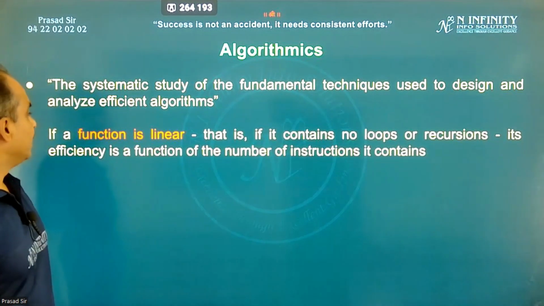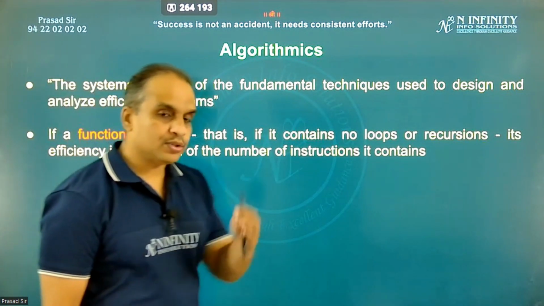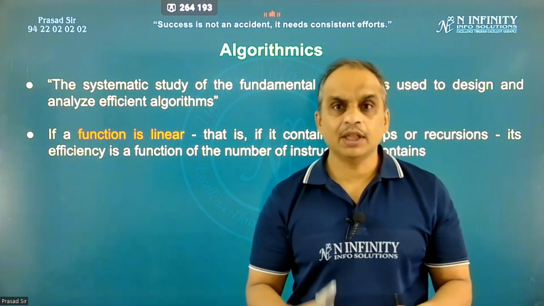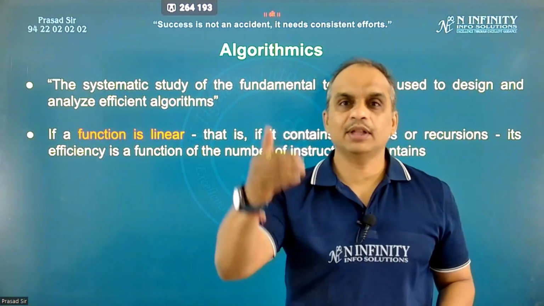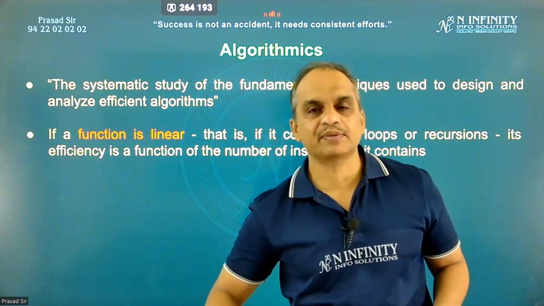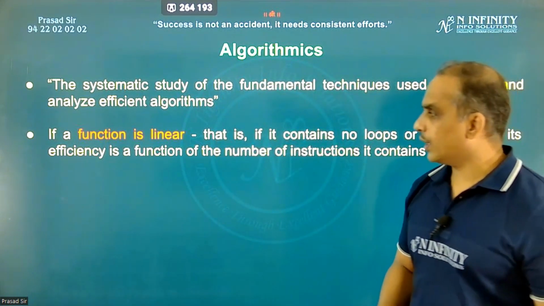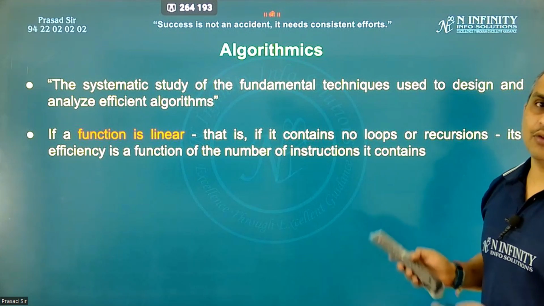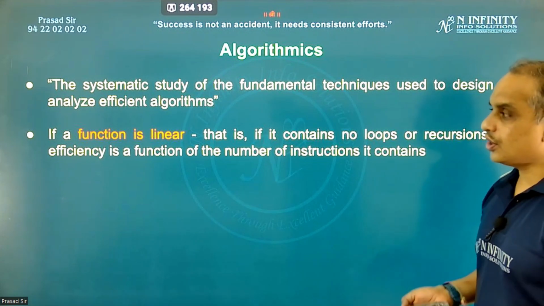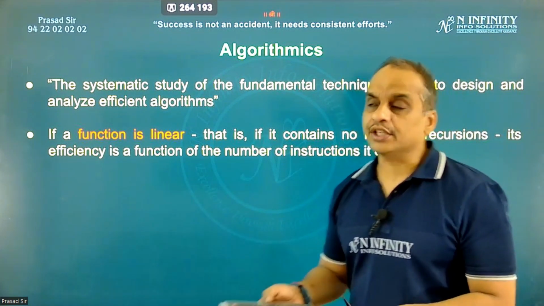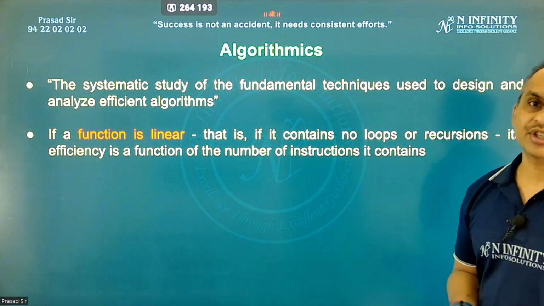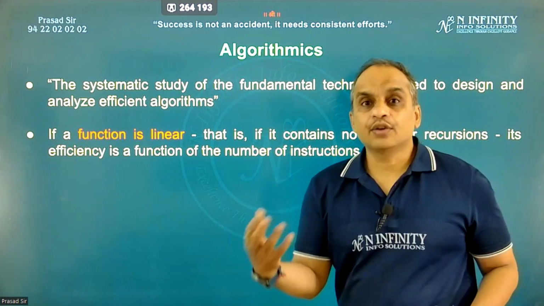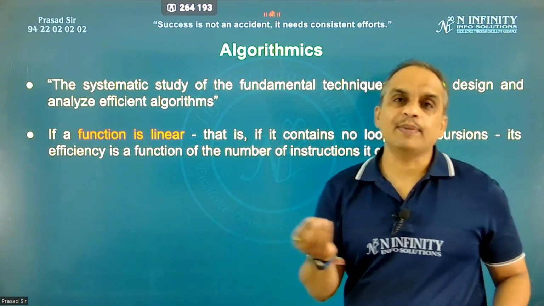Okay, so generally if you are able to see the function, that means the program that is written is linear in nature, मतलब उसमें लूप्स नहीं है, लाइन बाय लाइन, मतलब printf scanf printf scanf ऐसा कुछ कोड लिख रहे हैं, right? In that case, if it does not have any kind of loops or recursion in it, then its efficiency totally depends on the number of instructions it contains, right? Definitely that execution depends on the speed of microprocessor.